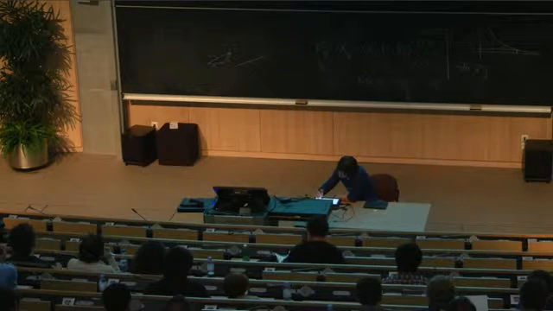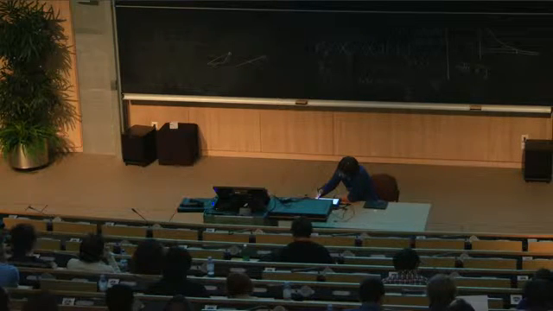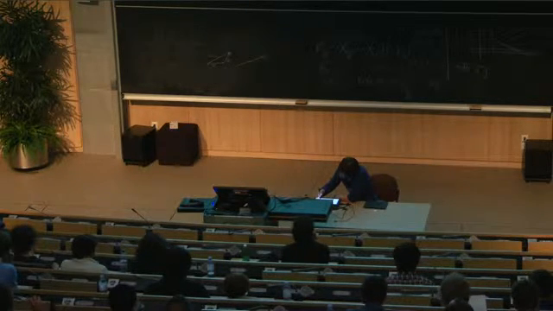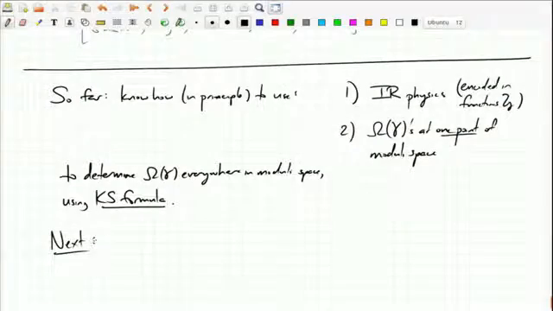If you know the IR physics and you know the omega of gammas at one point of moduli space, if we know just those two things, nothing else, you don't have to know anything about the UV of the theory, you only have to know this infrared information, then we're able to determine the omega of gamma everywhere in moduli space, using this KS formula, which so far I have not proved for you. I've only told you what the recipe is.